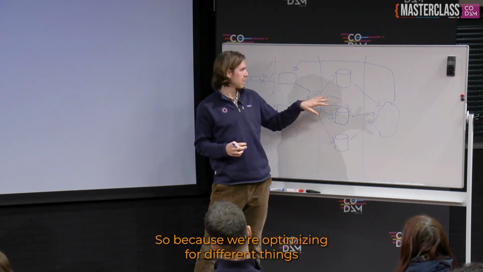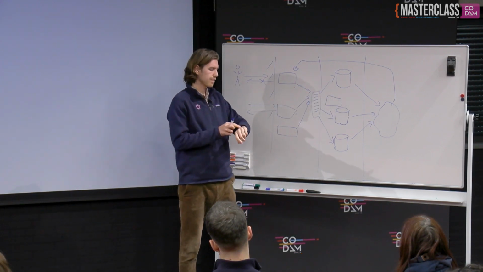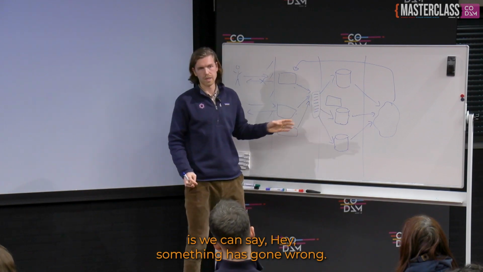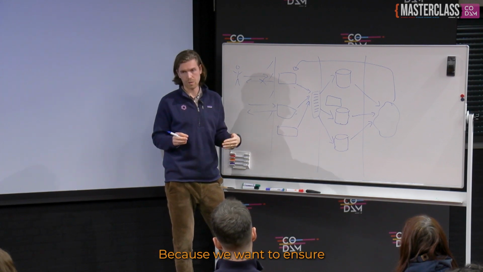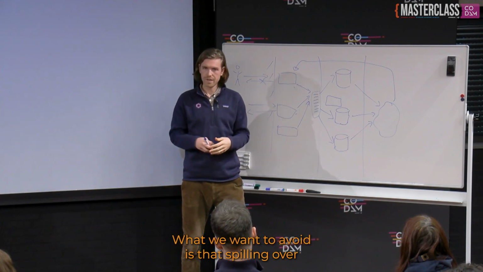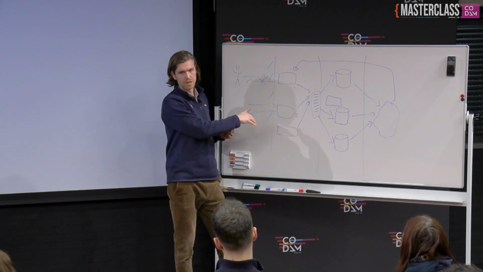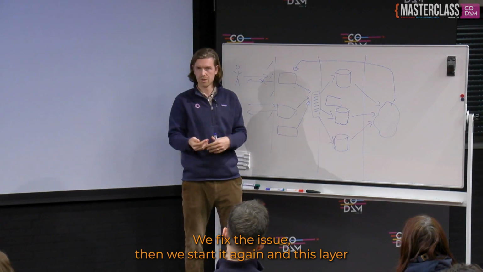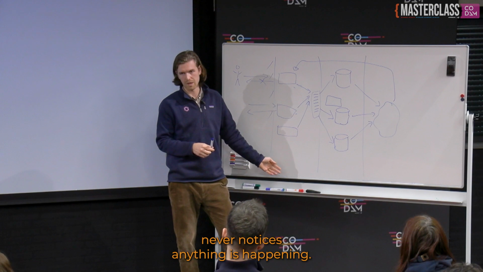Because we're optimizing for different things in these different parts of the system, here we can say, hey, something has gone wrong. We fail fast, because we want to ensure consistency. What we want to avoid is that spilling over to this side and affecting our availability. So we just say, pause here, this gets longer, we fix the issue, then we start it again, and this layer never notices anything is happening.